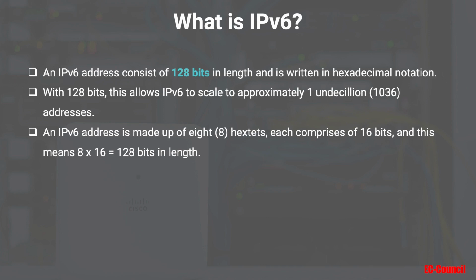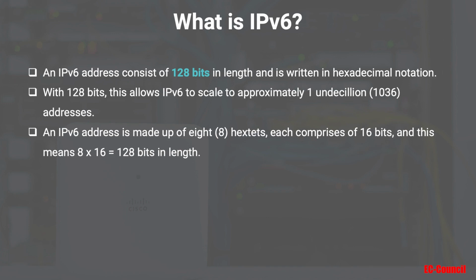So, IPv6 addresses consist of 128 bits in length, unlike IPv4, which is 32 bits. Now with IPv6, we have 128 bits. Therefore, it gives us a lot more addresses to use.